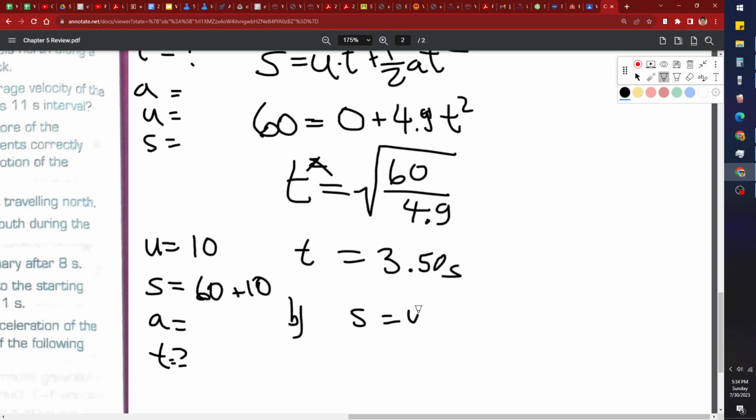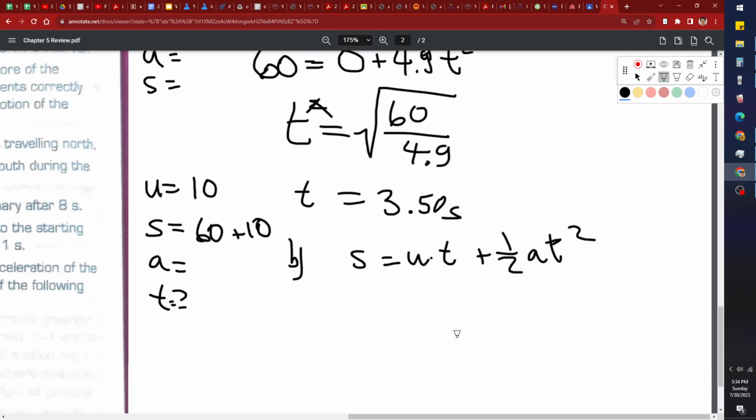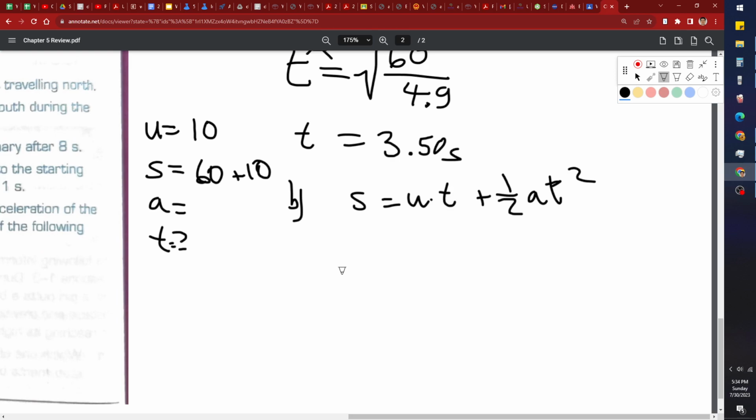again, S equals U T plus half a t squared. Okay, so this one's going to be a little different because now we have this too. So we have 70 for displacement. We have 10 times t is the same for both of those, plus half of a, which is 4.9, because that's half of 9.8. And then t squared.